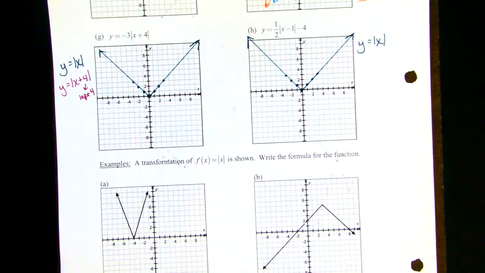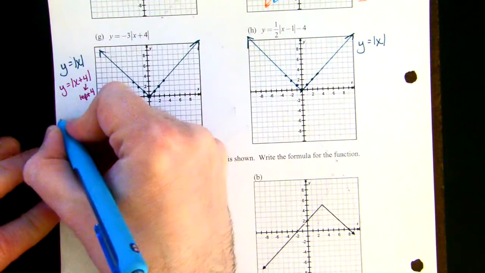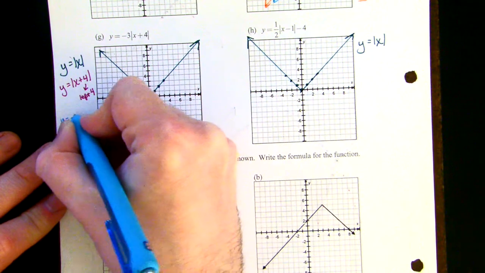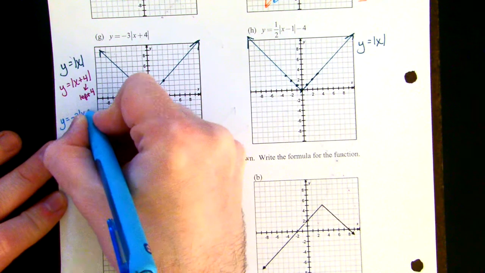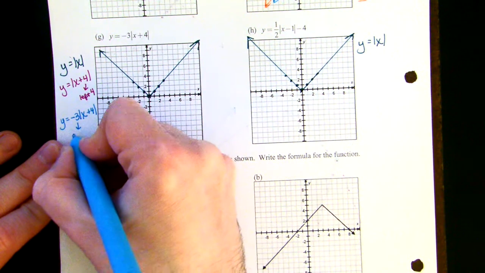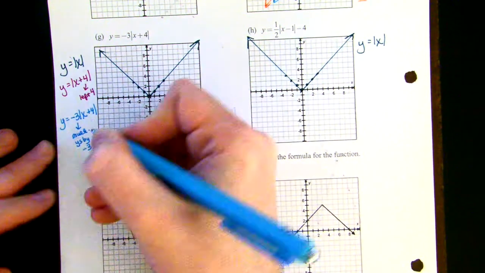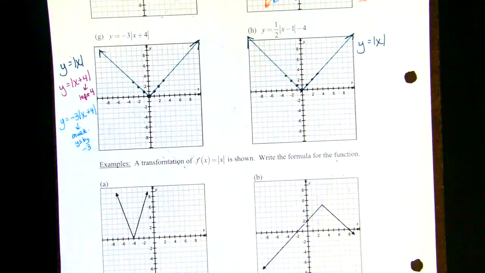After that, you need to deal with any vertical stretch or flip. That's that a value up front, which means your next step and final step would be y equals negative 3 times the absolute value of x plus 4. You'd multiply your y's by negative 3. Go do letter G.